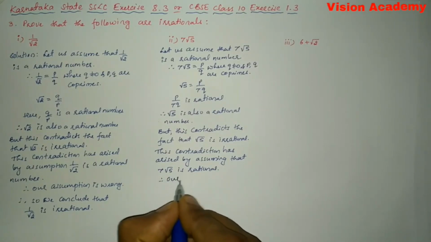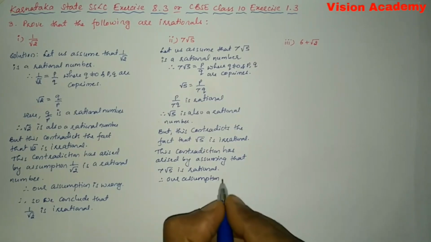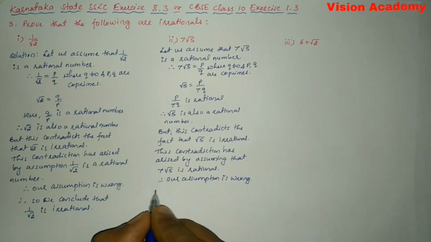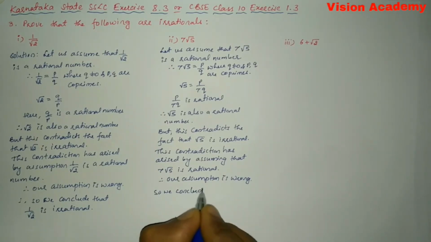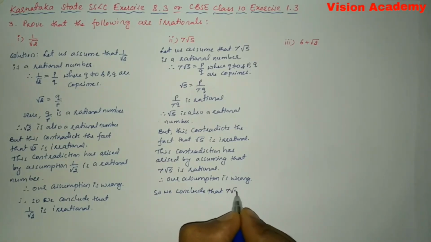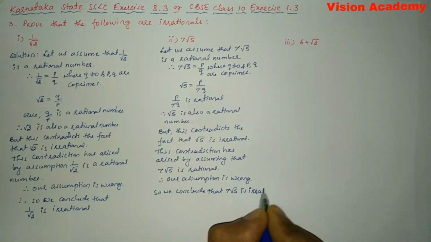Therefore, our assumption is wrong. So we conclude that 7 square root of 5 is irrational.